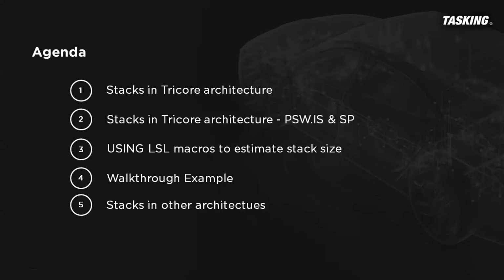So we are going to see the different use cases and the different values that these elements have when you are executing functions that are running on the application level and when you are executing interrupts.